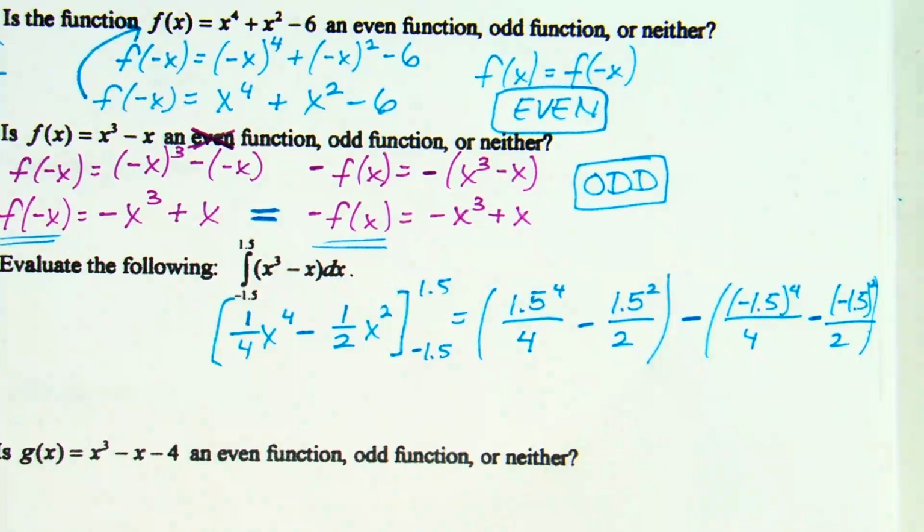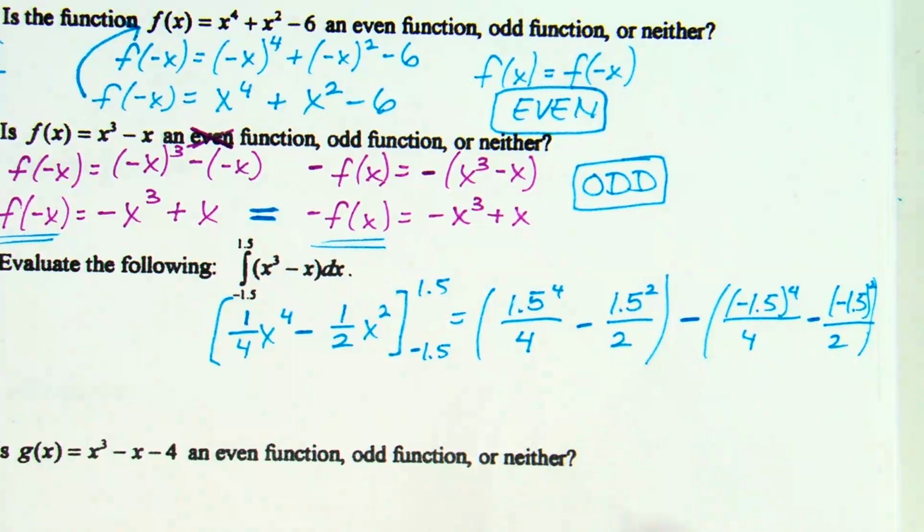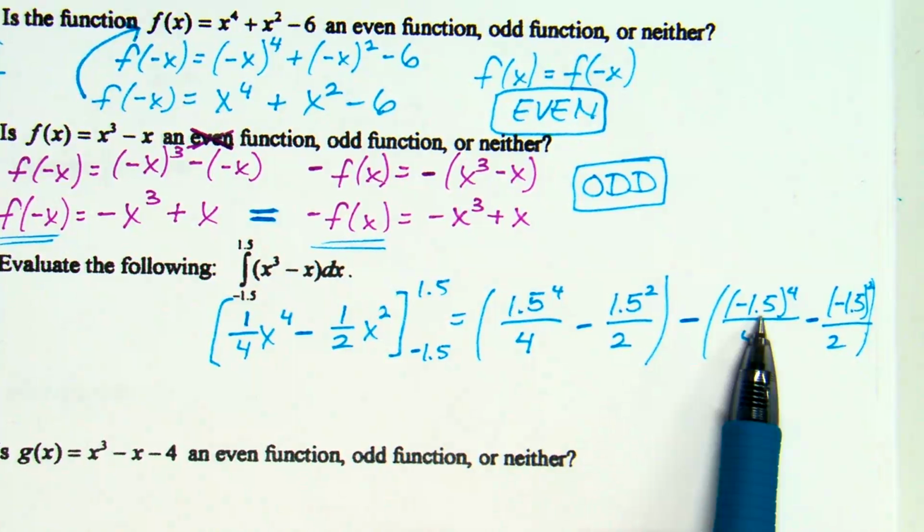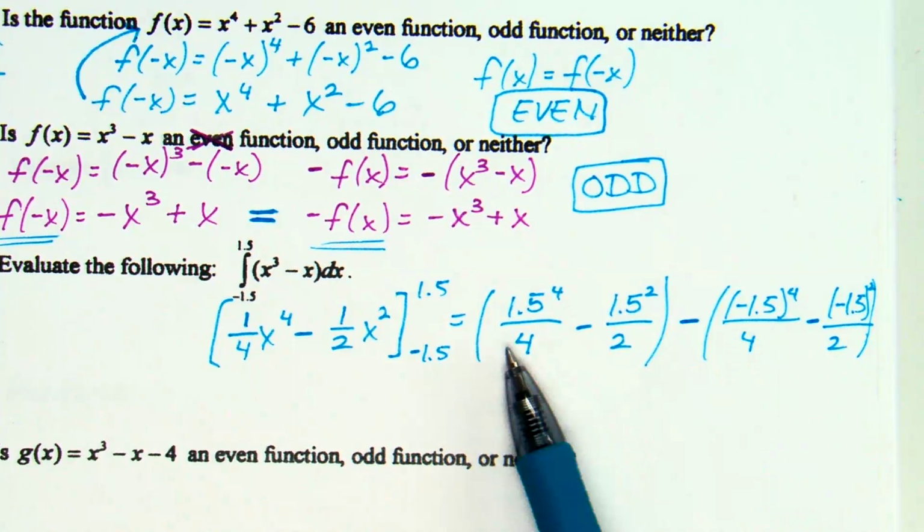Do you see the things canceling out? This is 1.5 to the 4th over 4. Over here, minus, what do you know about negative 1.5 to the 4th? That's going to be the same thing as a positive 1.5 to the 4th, isn't it? Over 4. So what's going to happen with those two? They're going to cancel.